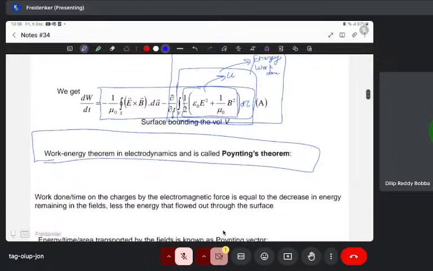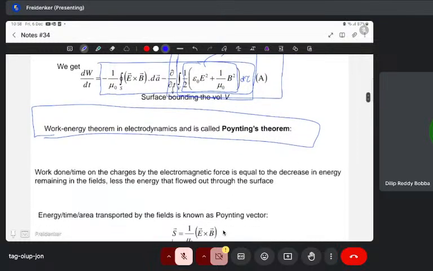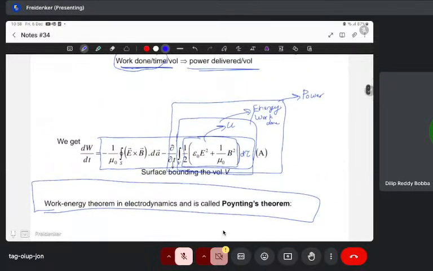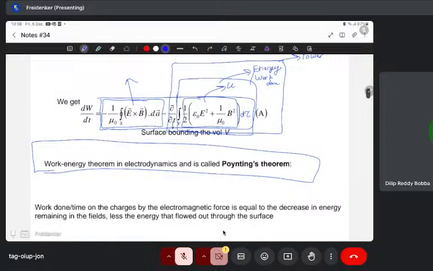Let us go through it faster then. Okay, fine. This equation is called Poynting's theorem. Let's see what it has to say. The right side part is power. Where did this come from? They're doing some integration on the surface of the volume. Okay, let's see. Poynting's theorem.